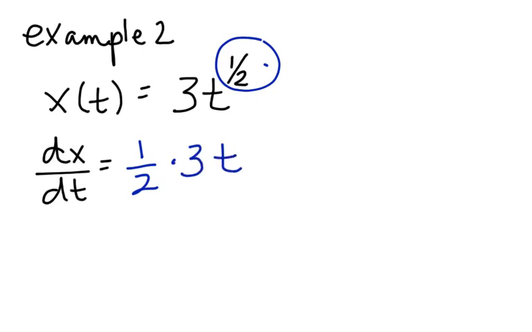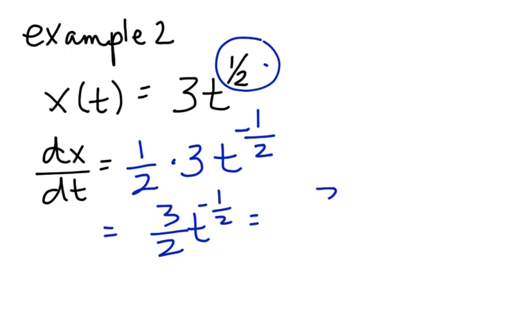And the exponent to the t, or 1/2 minus 1, gives me a negative 1/2. Now we could rewrite this a little bit. This would be 3/2 t to the negative 1/2. Technically we could also write 3 over 2t to the 1/2.